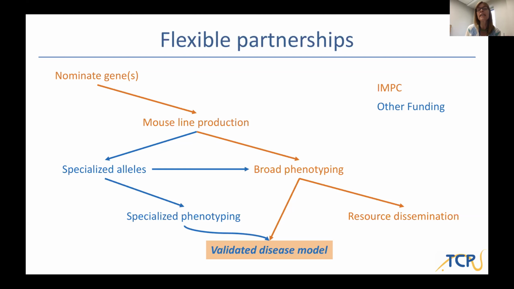This data can get added into the mix to produce a validated disease model for a given human disease. Often these specialized alleles are point mutations, missense mutations, or nonsense mutations. Occasionally they are deletions of enhancers or other non-coding regions, so they can vary quite a bit.